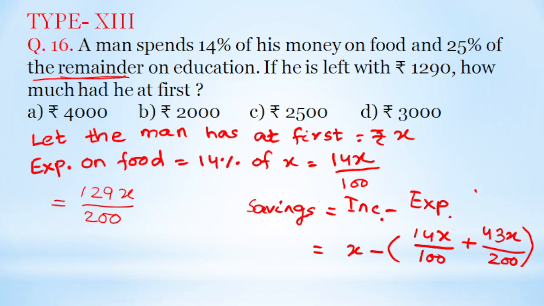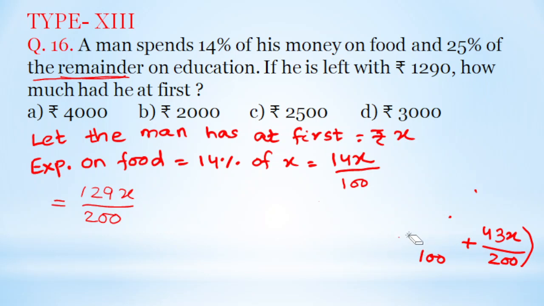So according to the question, this 129x by 200 is equal to rupees 1290.